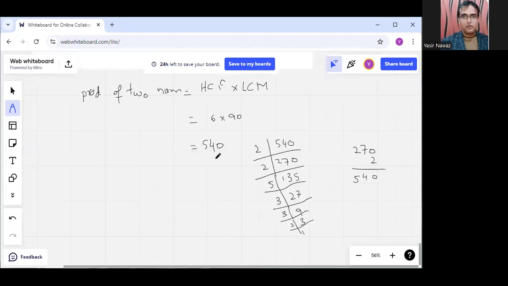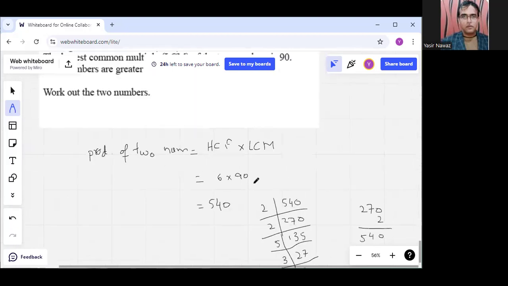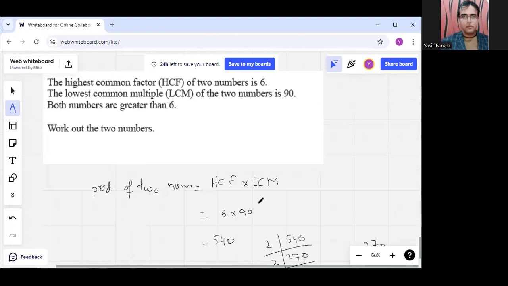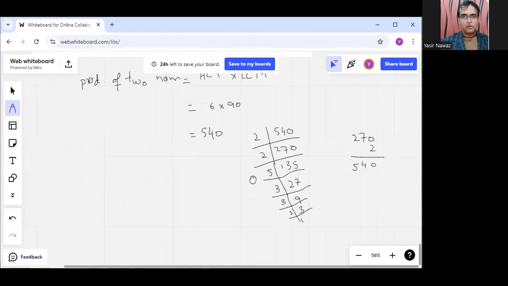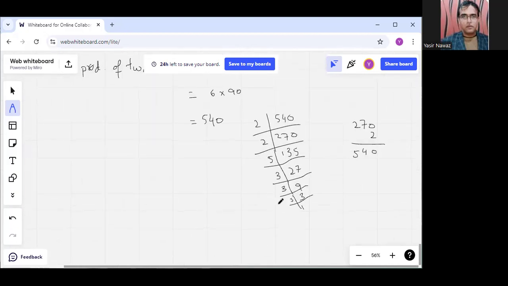Both numbers should be greater than 6, and their highest common factor is 6. If I combine these numbers, that would become 27 and 20. The highest common factor of 20 and 27 is not 6, so that cannot be possible.